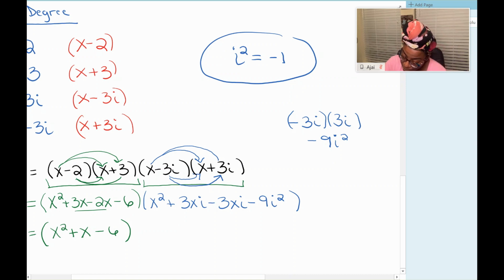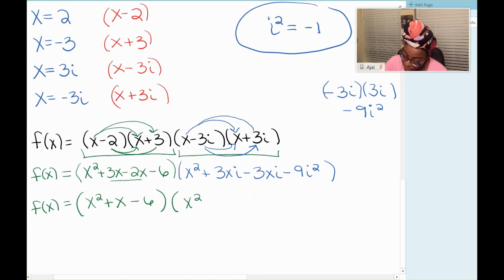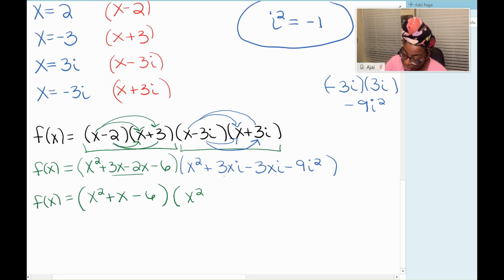Do this in green. All right. So I have x squared. I got x squared. I got 3xi minus 3xi. They basically cancel each other out because one is positive, one is negative, right? And then I have negative 9i squared. Now, what did we say about i squared? i squared is equal to negative 1.